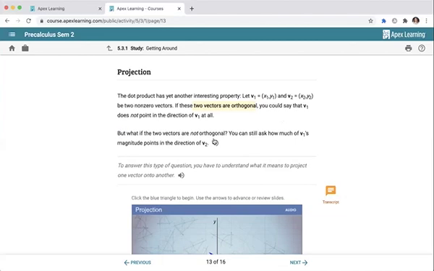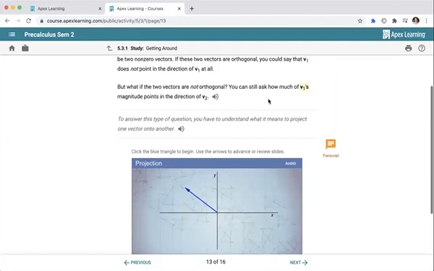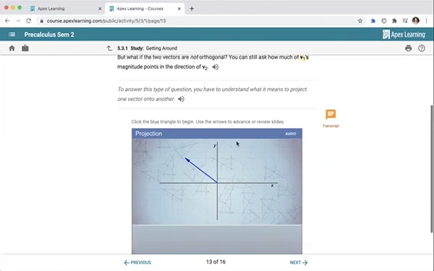But if they're not orthogonal, if they don't make a 90-degree angle, you can ask how much of V1's magnitude points in the direction of V2. We're going to notice that if they're not at a 90-degree angle, we can talk about how much one points in the direction of the other.